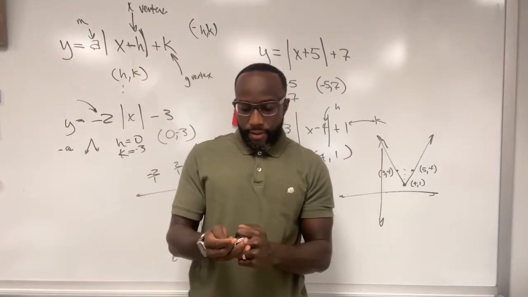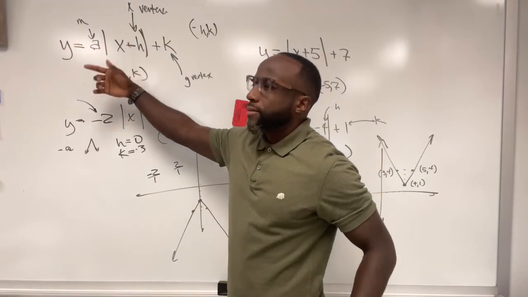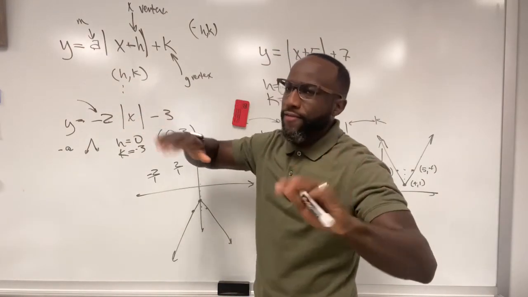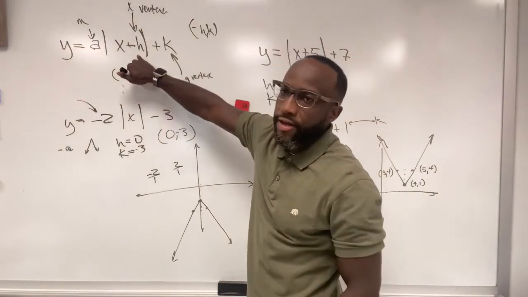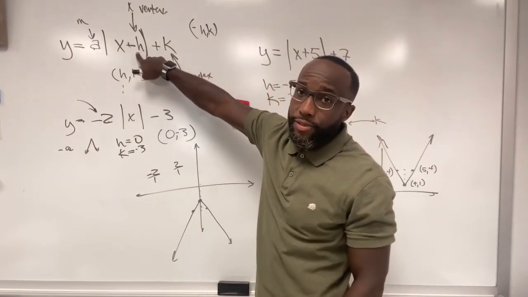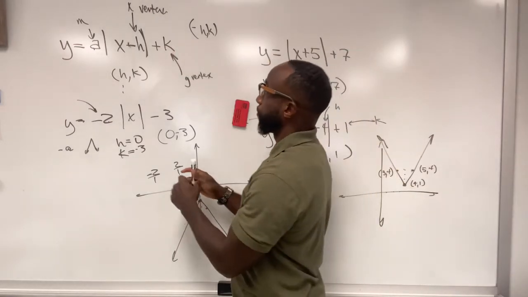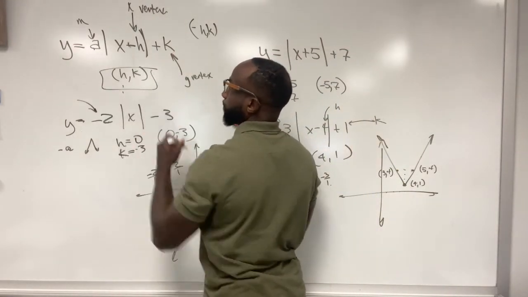To graph absolute value functions, you want to identify the vertex, right? The number inside of the absolute value bar and the number outside of the absolute value bar on the right side gives you your vertex, it's h and k.